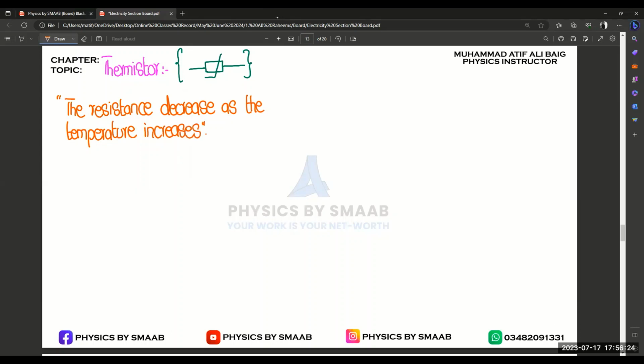This definition gives you the opposite concept of the filament, right? In a filament, resistance increases with an increase in temperature, but for a thermistor, resistance decreases with an increase in temperature. So this is opposite.